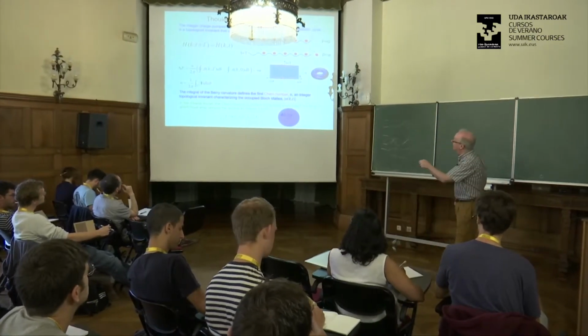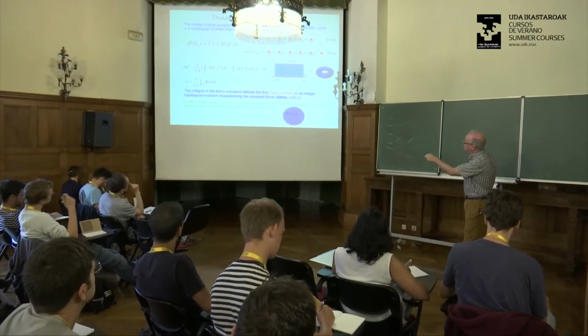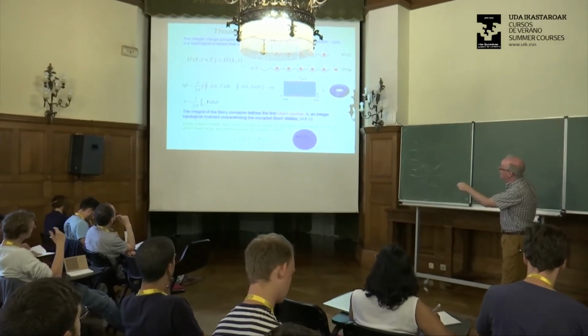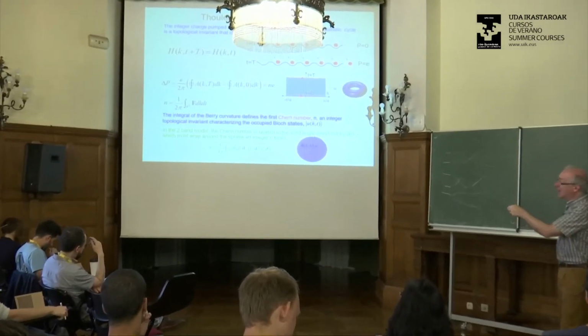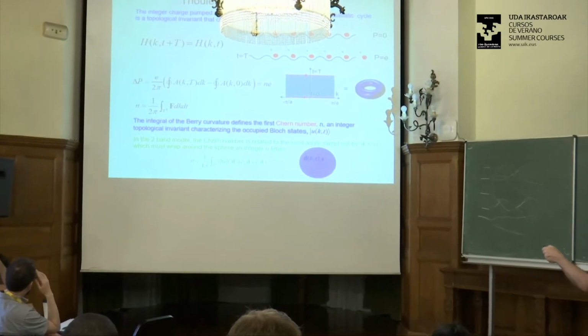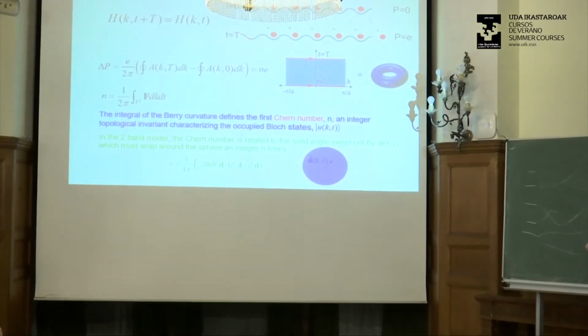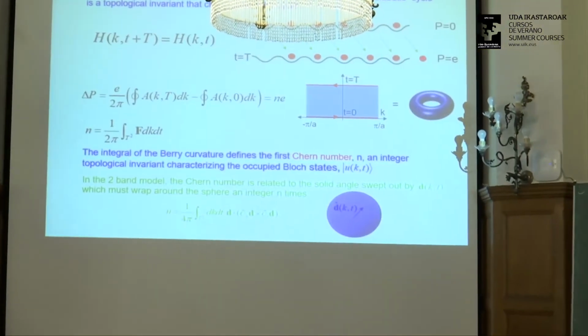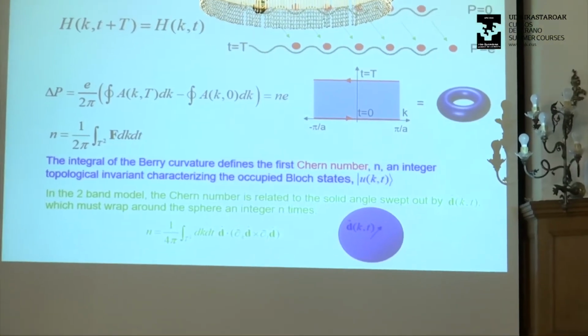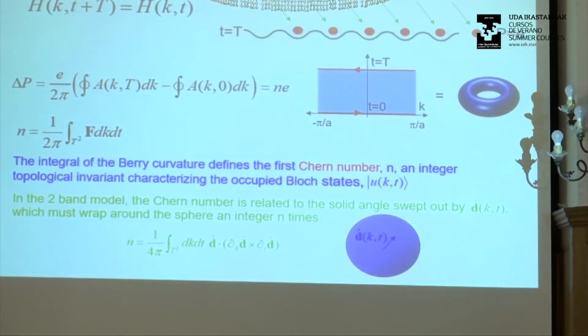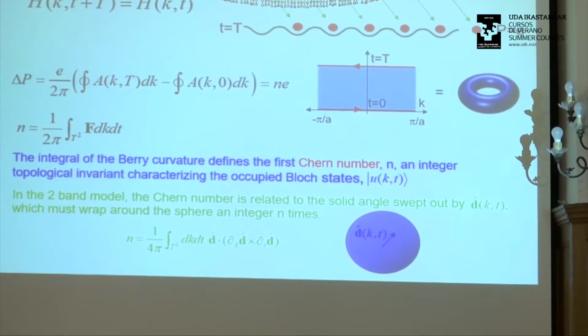But the electrons have all moved over by one space. And so what that means is that an electron has moved from one end to the other end. And I'd like to argue that that signifies a change in the electric polarization by e.